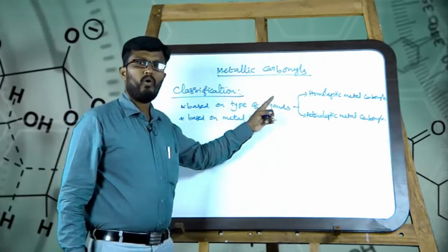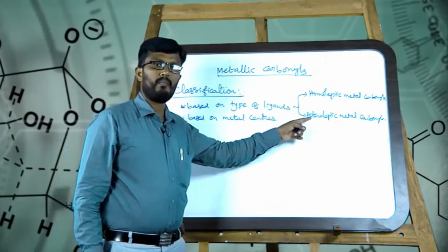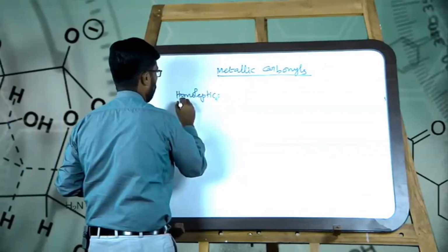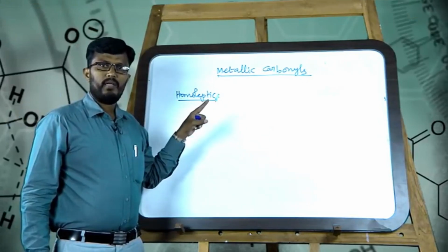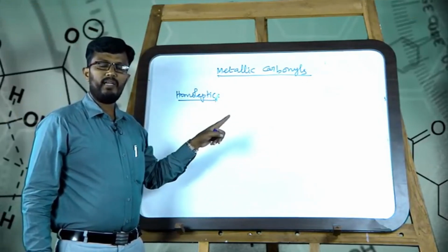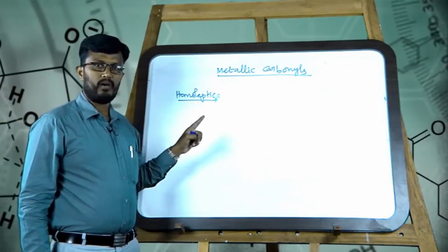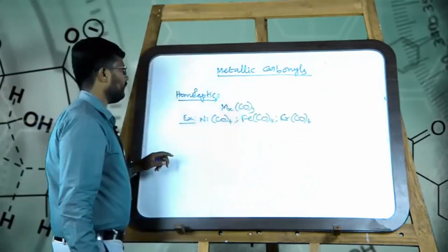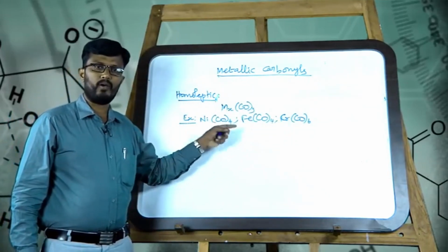One is homoleptic metal carbonyls and the other is heteroleptic metal carbonyls. In homoleptic metal carbonyls, only one type of ligand is present. These are all examples of homoleptic metal carbonyls.